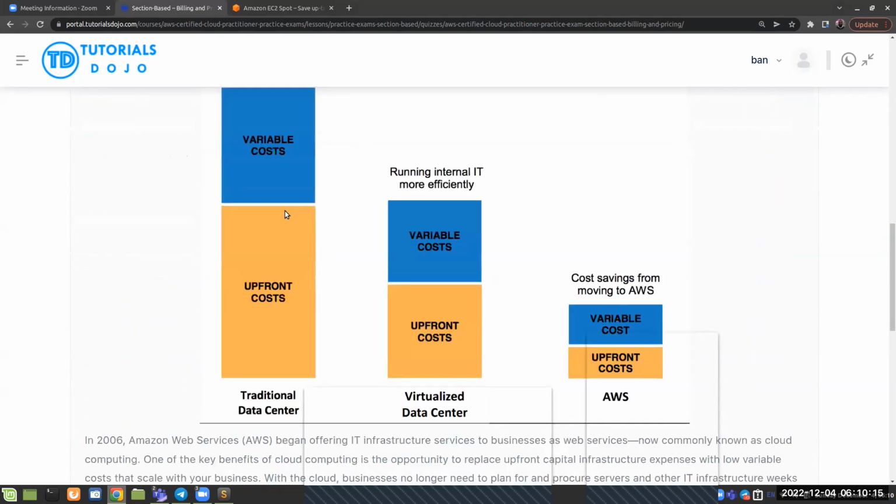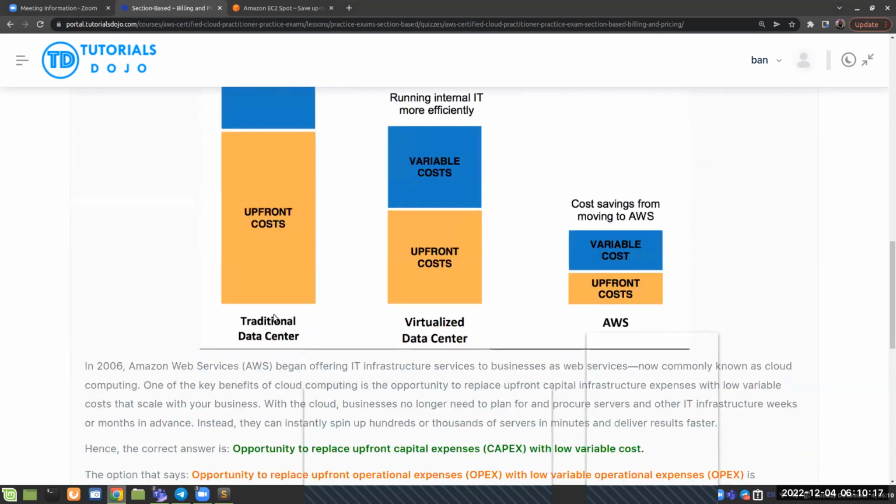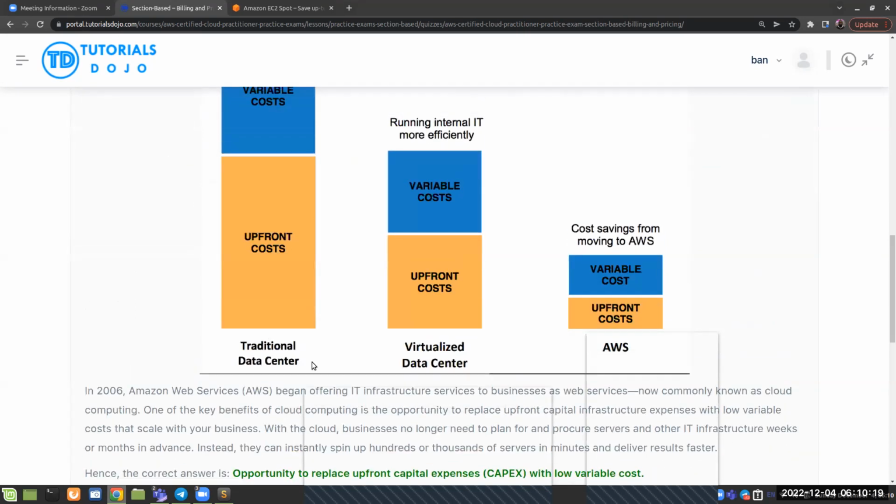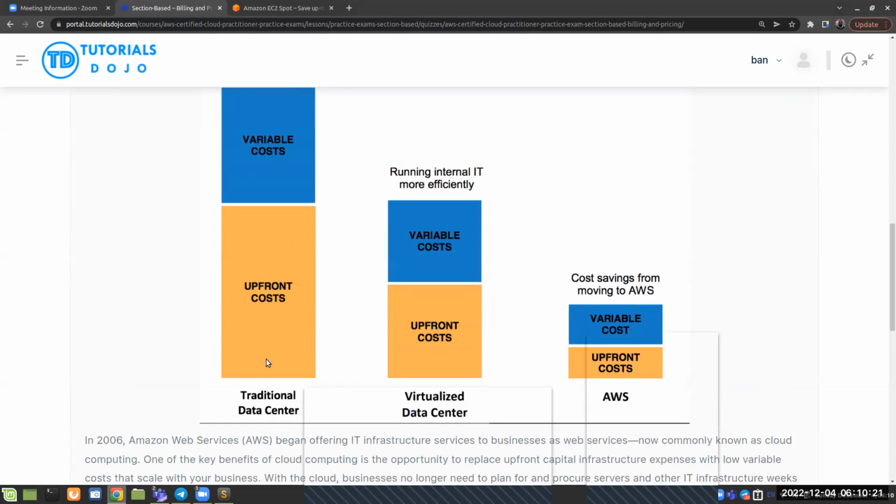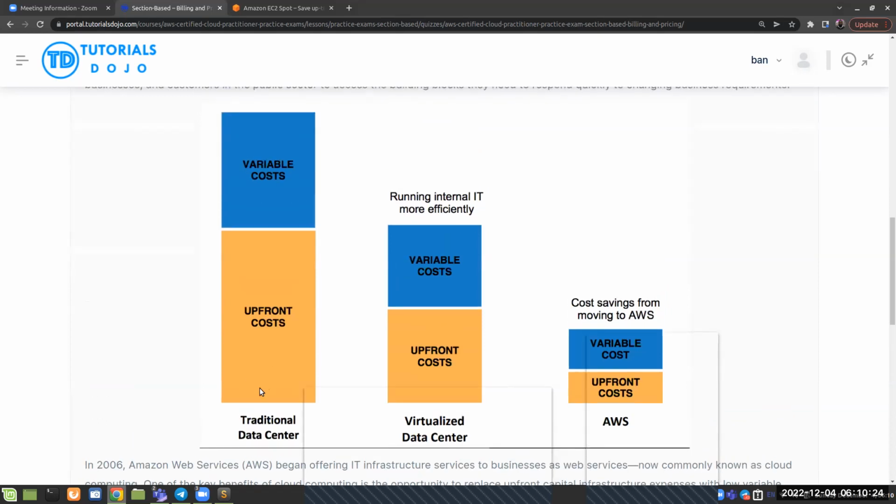So I'll try to explain that. As this diagram shows, when you are in a traditional data center, you always have high upfront costs. What is that? You always have to buy the hardware to install in your data center. That's an upfront cost.